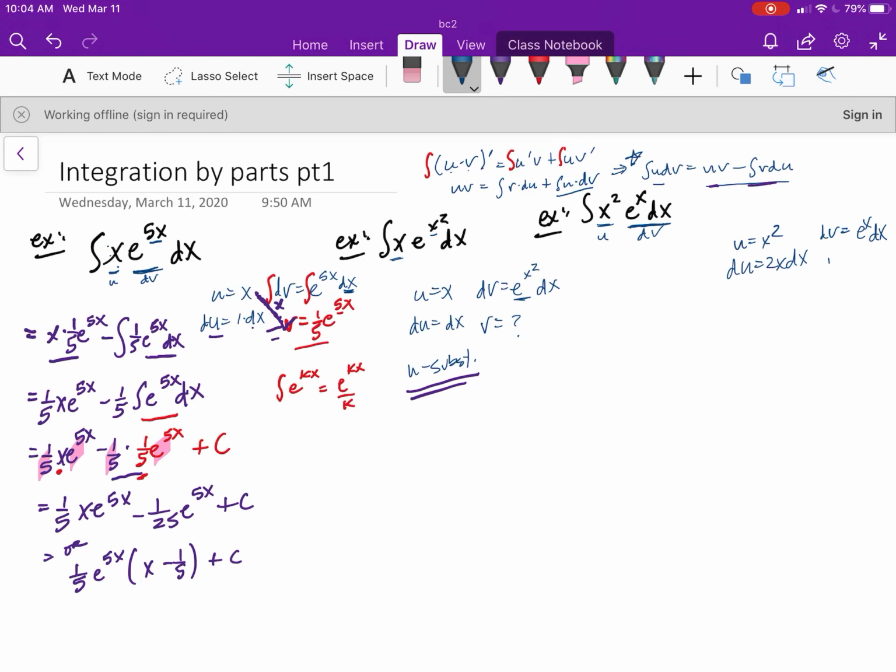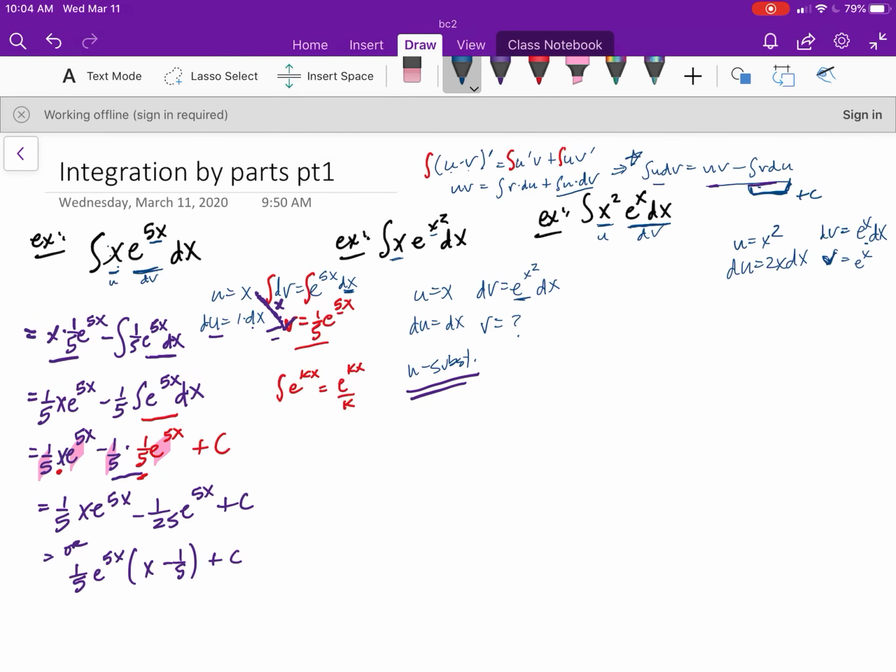So the integral of e to the x is just e to the x. Notice I didn't put the plus c yet, and that's because this formula has another integral, right? So when I go to integrate that, if I'm not doing a definite integral, I'm going to need the plus c anyways. So for this step, it's kind of redundant. I don't need to say a constant plus another constant.